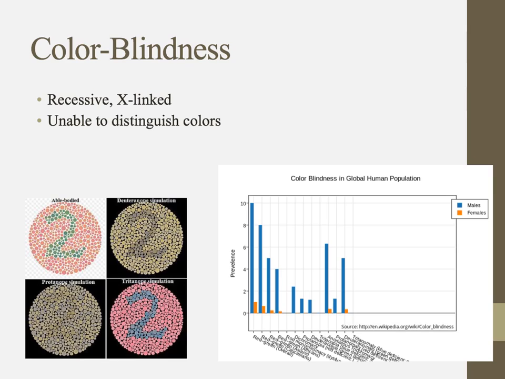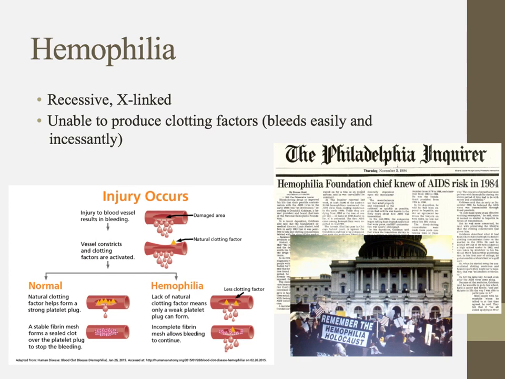Again, color blindness is the inability to distinguish between certain colors. There are many different types of color blindness, but as you can see, it affects males in much, much greater proportions. Again, that's a recessive X-linked trait. Hemophilia is also recessive and X-linked, and again, it's unable to produce certain clotting factors, so you end up bleeding very easily.